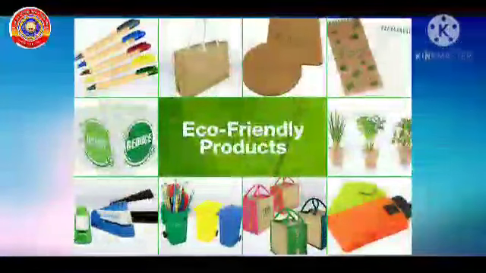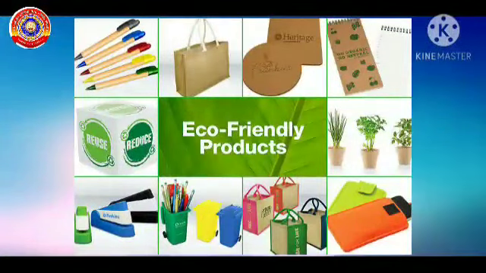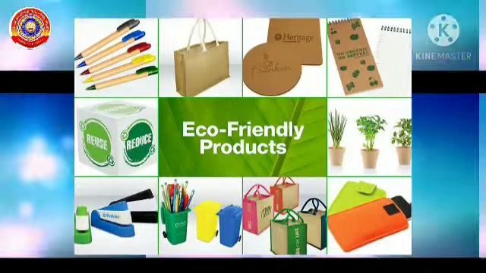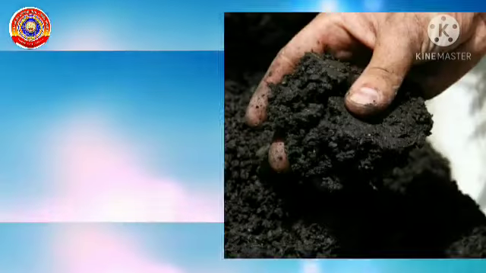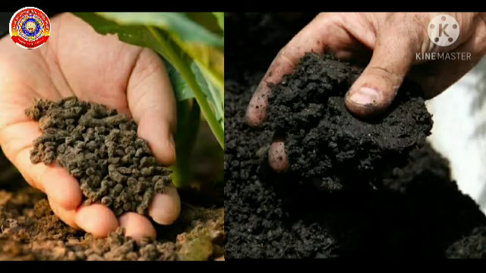Use eco-friendly household or other cleaning agents. Avoid products that release chlorofluorocarbons such as cosmetics, hairsprays, room fresheners, etc. Chemical fertilizers used in agriculture should be replaced with organic ones. And also, we have to promote afforestation.